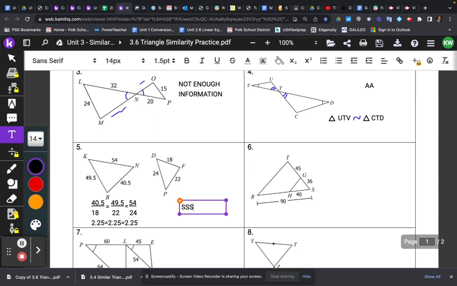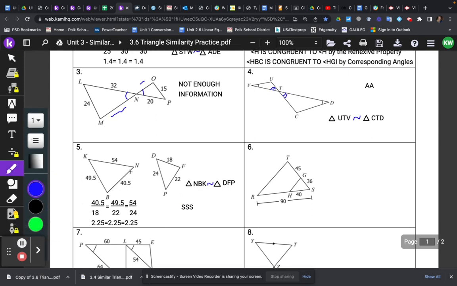Now let's try that similarity statement, shall we? Now, I could continue and name them in numeric order. Again, going from the small side, 40.5, N to B to K. You just want to repeat that and chase those letters down and make certain they're in corresponding positions. All right, so I'm just going to triple check.